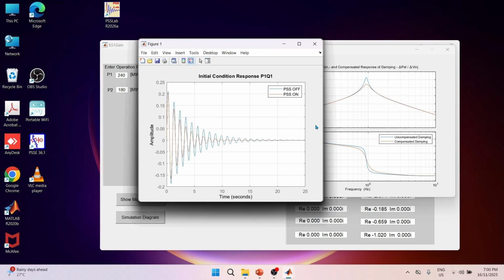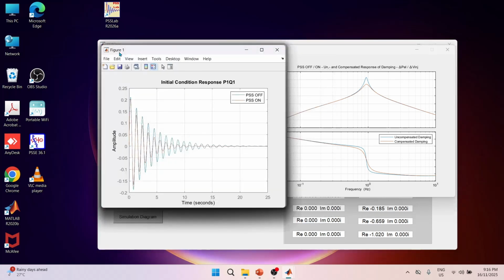This response is in time domain and it is for the linearized model shown in the simulation diagram. The oscillations in blue are for the response with PSS off and in red for the response with PSS on. Both responses decaying, indeed the red one with PSS on faster but still not enough fast.